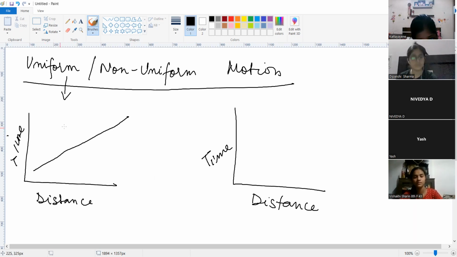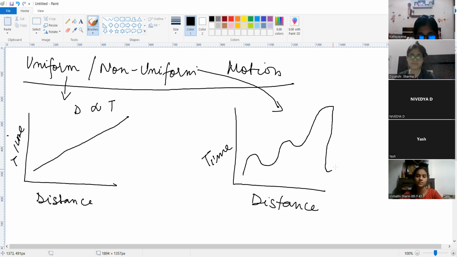The distance and time are directly proportionate. Am I clear? Now, in case of non-uniform motion, the distance and time are not proportionate. Not proportionate.